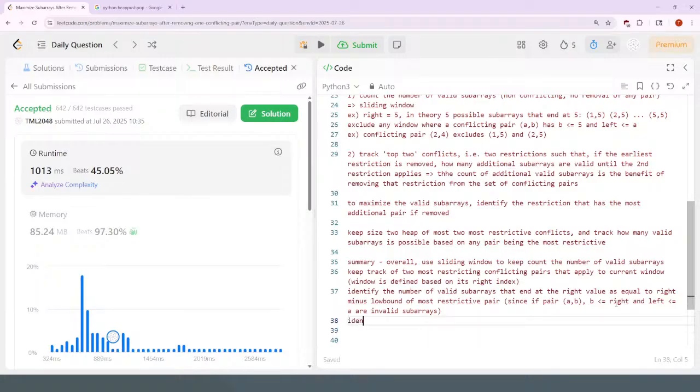And then identify the benefit of removing that most restrictive conflict as the difference between its low bound and the next applied low bound. Keep track of that in an array.